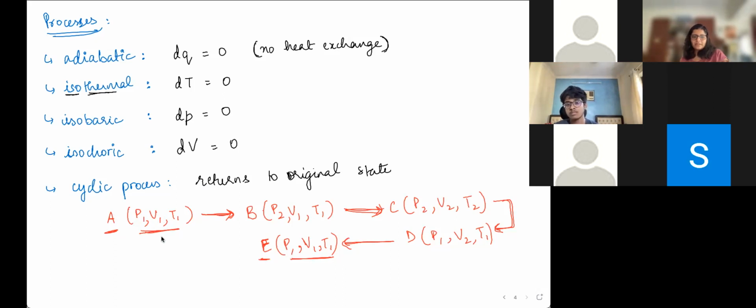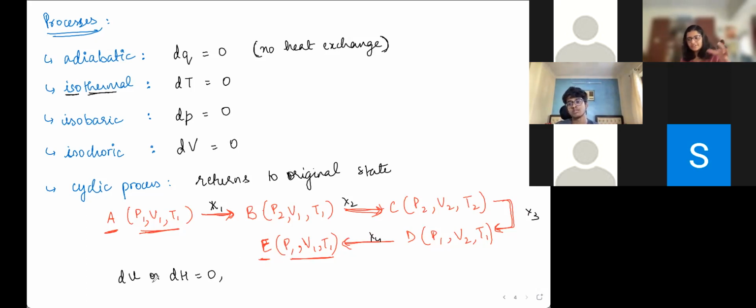So if I compare the total, let's say this is x1, x2, x3, x4. These 4 processes are taking place. If I look at the overall change in the internal energy or enthalpy, it's going to be 0.